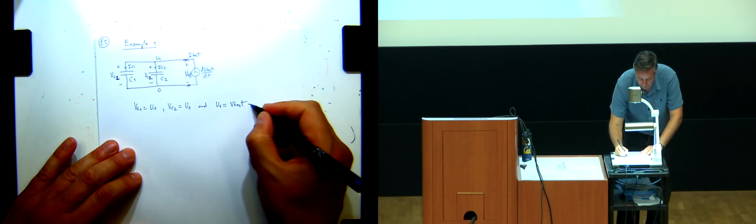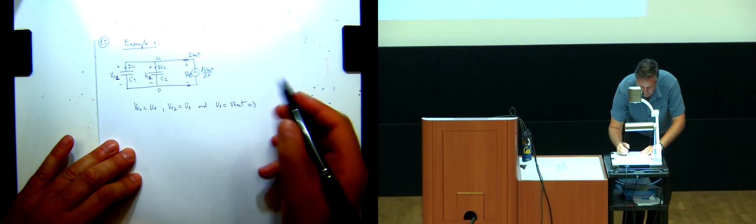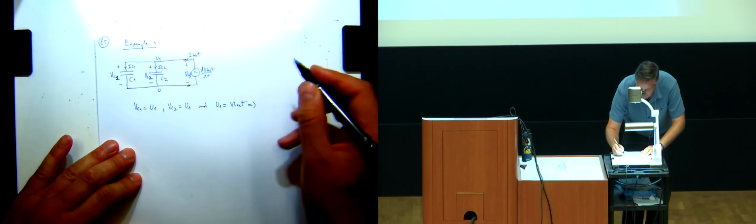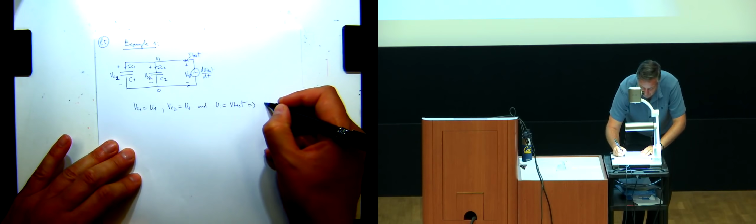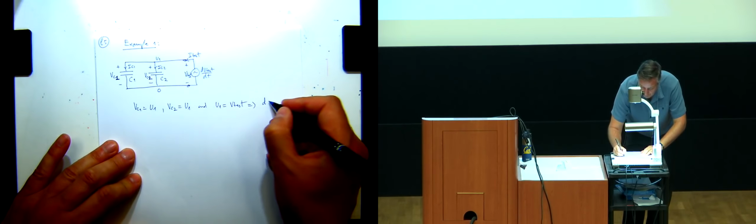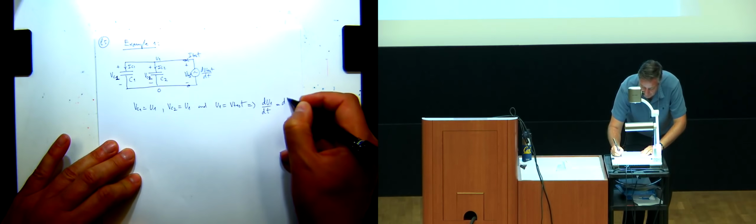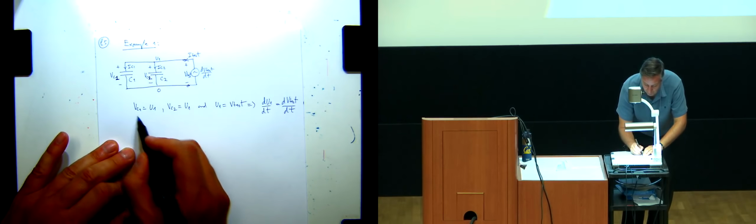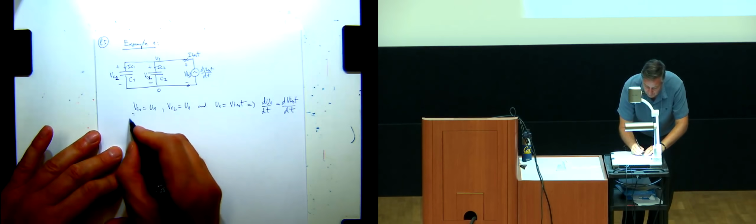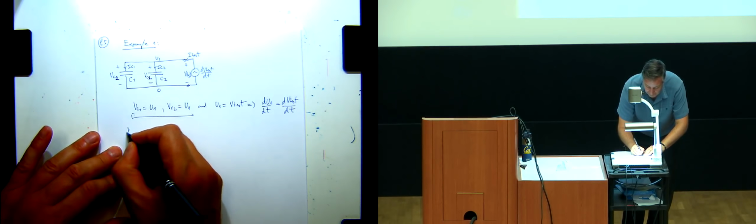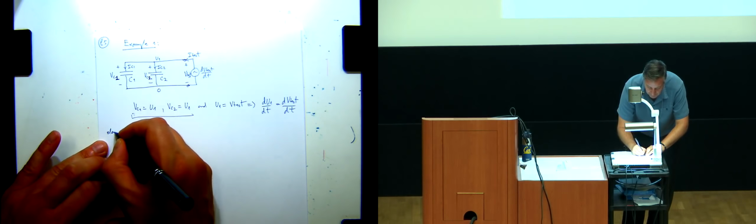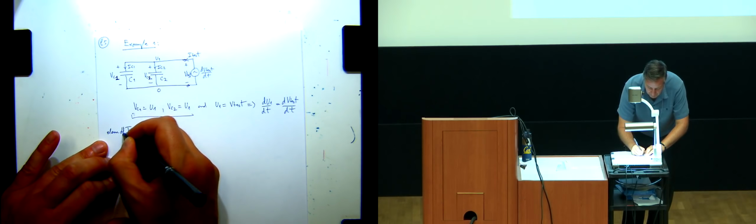So let's see what that means. That means that if I just do the variable substitution, from this one I can do a derivative. dU1 dt equals dV test dt. From these two, I can relate them to the element definitions.